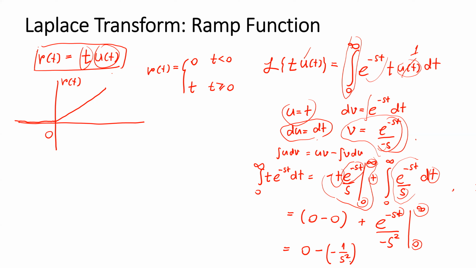So the Laplace transform of a ramp function is equal to 1 per s squared.